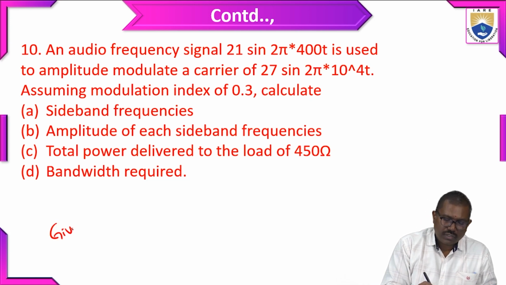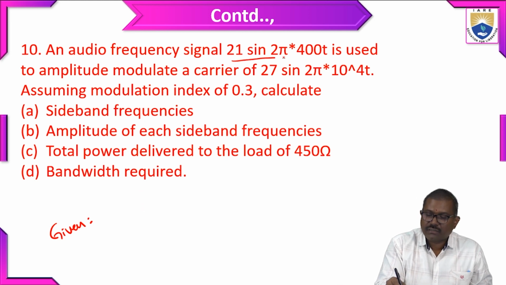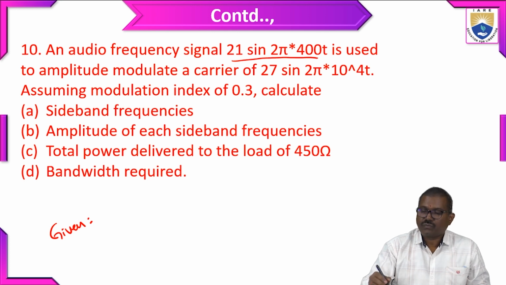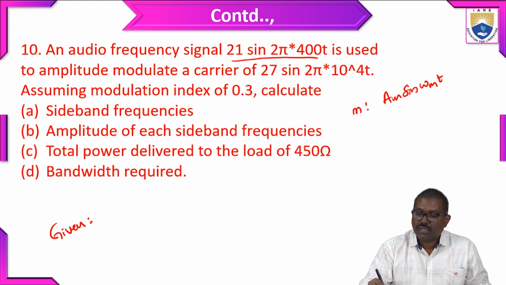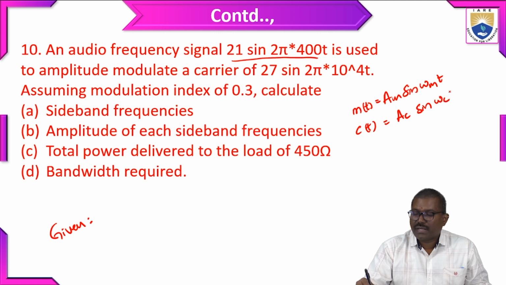The given sine 2 pi 400t is nothing but Am sine omega mt, which is my message signal, and the other is the carrier signal, c of t equal to Ac sine omega ct. So this is my message and this is my carrier.